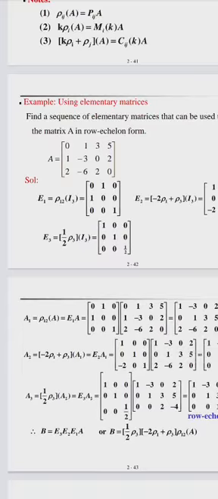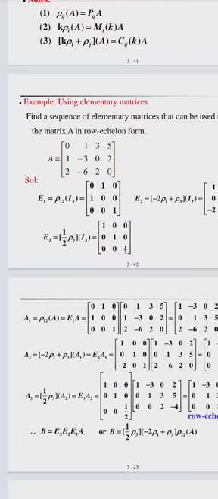Then A1 is row 1, 2 of A, equal to E1 into A. First write the E1 value: 0, 1, 0, 1, 0, 0, 0, 0, 1. Then next write the A matrix value. The A matrix value is given in the problem.